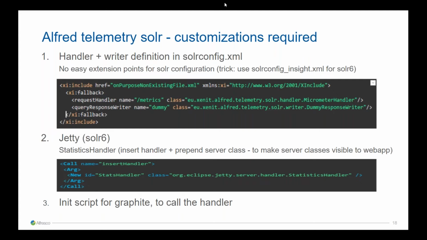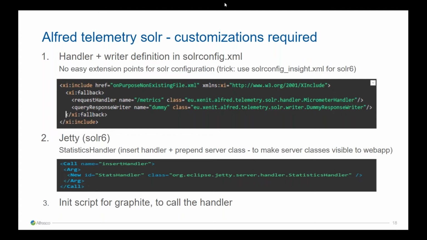Another customization needed was for Jetty, so for Solr 6 only. We needed to insert the statistics handler in order to have Jetty specific metrics, and also to make this class available to the web application to be able to use it in the code.